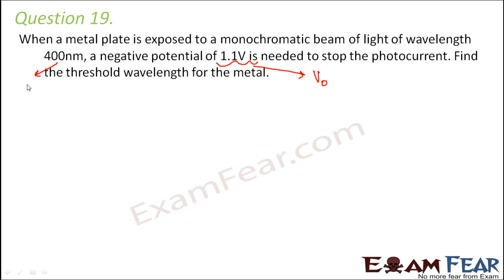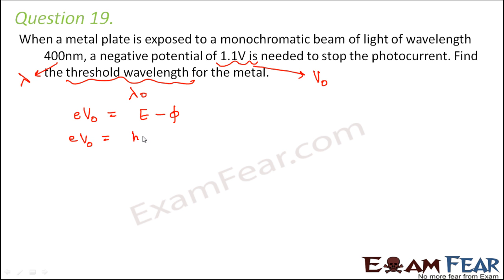So this is the stopping potential and this is the wavelength of the incident light, correct? Now we have to find out the threshold wavelength, that is lambda naught. So let us quickly write the photoelectric equation, which is eV naught equals E minus phi.